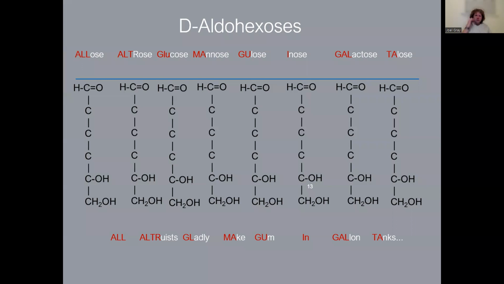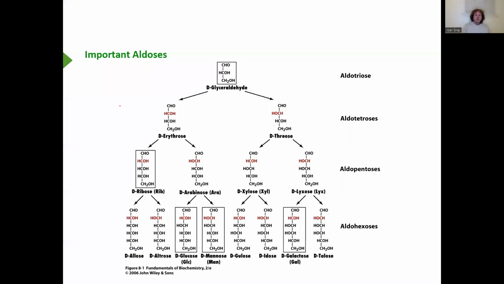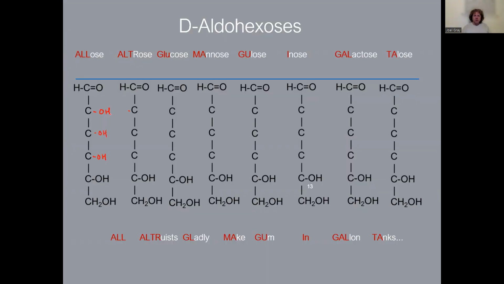So this is a figure that's worthwhile, though, because I think you can look at this and say, okay, if you wanted to know all of the structures, which I'm not expecting you to know, altrose is going to have a hydroxide there.